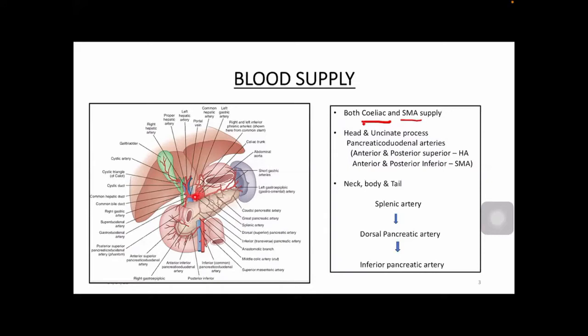The hepatic artery has a horizontal course, then takes an upward course to form the proper hepatic artery. Below the common hepatic artery, it gives this branch, the gastroduodenal artery, a very important branch which gives blood supply to the pancreas and which we will encounter during any surgical procedure on the head of the pancreas. The gastroduodenal artery in turn branches into the anterior and posterior superior pancreaticoduodenal arteries, whereas the inferior pancreaticoduodenal artery, with one anterior and one posterior branch, is a branch from the SMA.